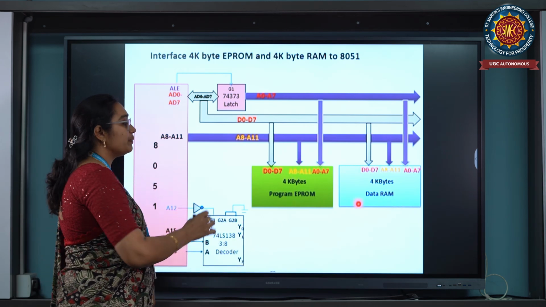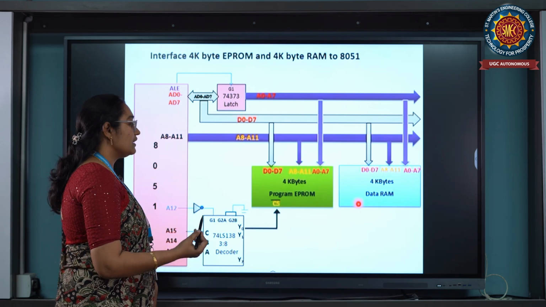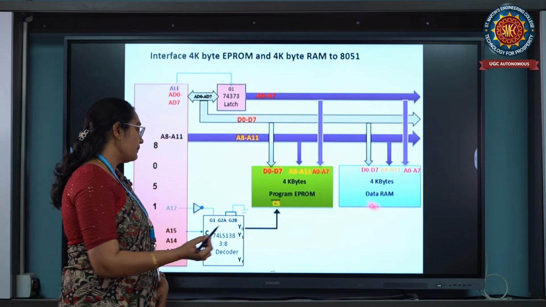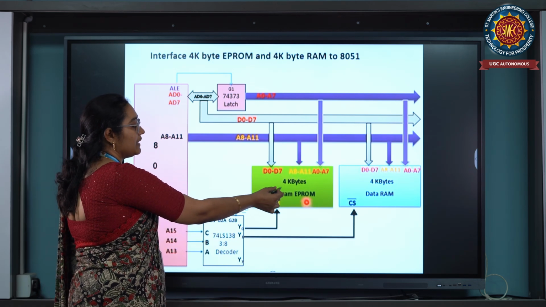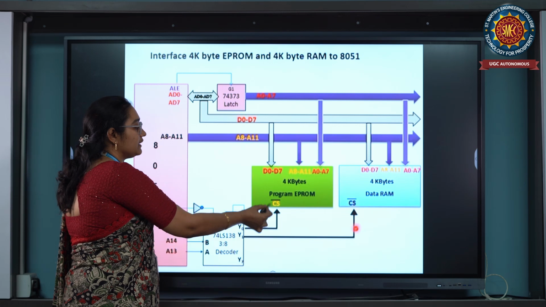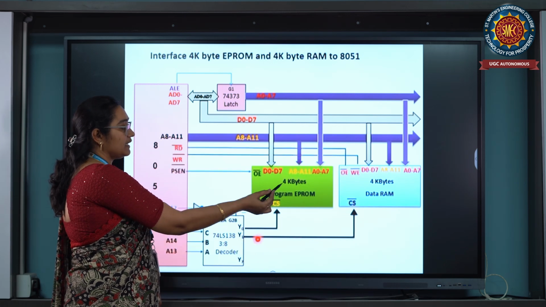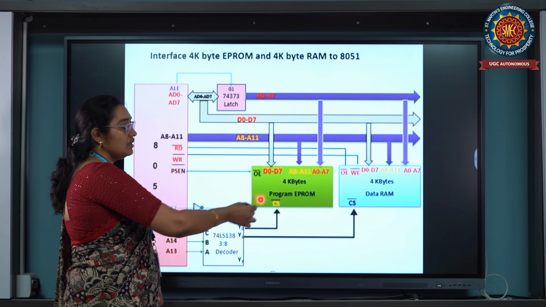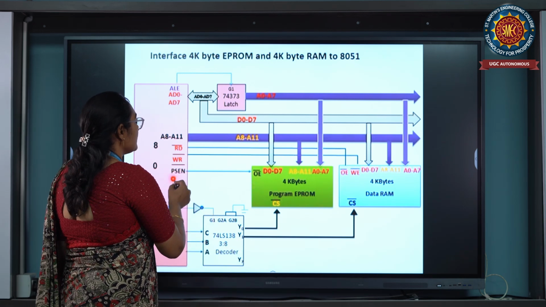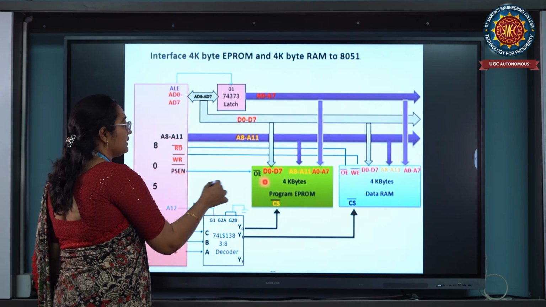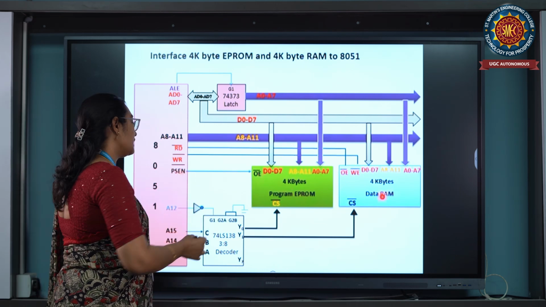Out of these, 2 pins are used for connecting the control signals of the RAM and ROM. That is, Y0 is connected to CS bar of the ROM and Y1 is connected to CS bar of the random access memory. We are also using the program store enable pin, which is connected to the output enable pin.